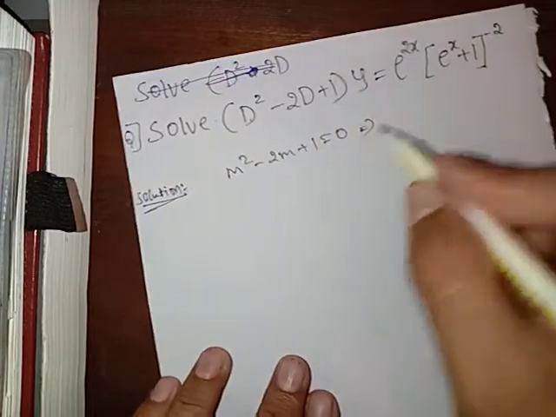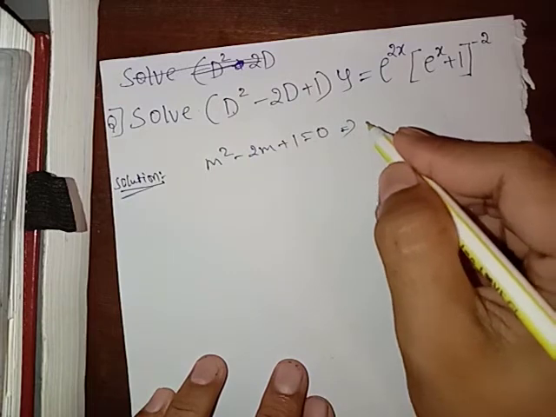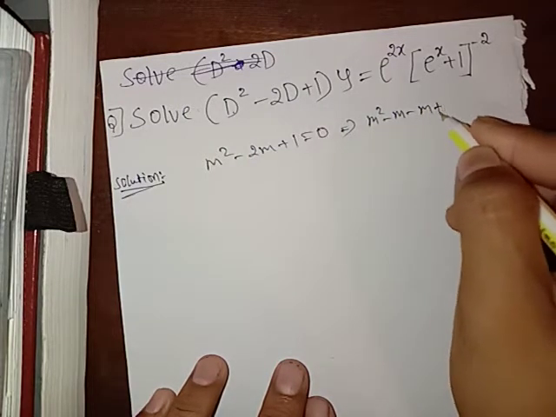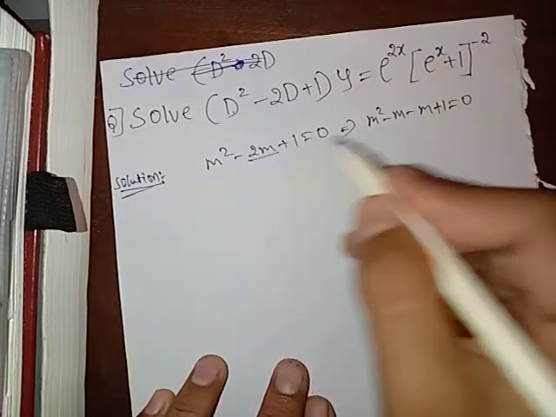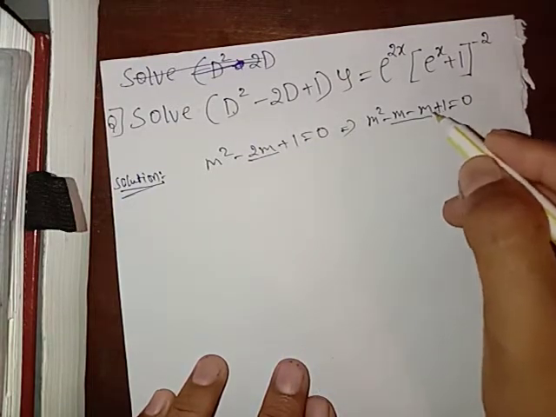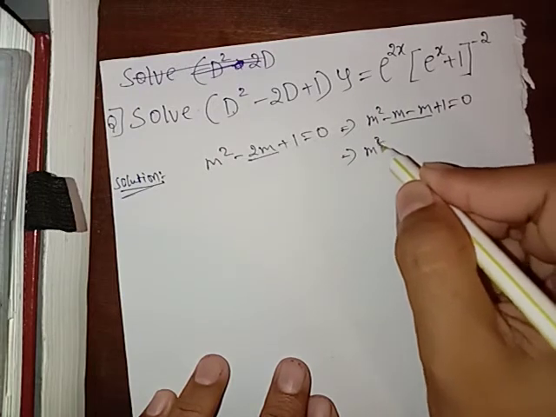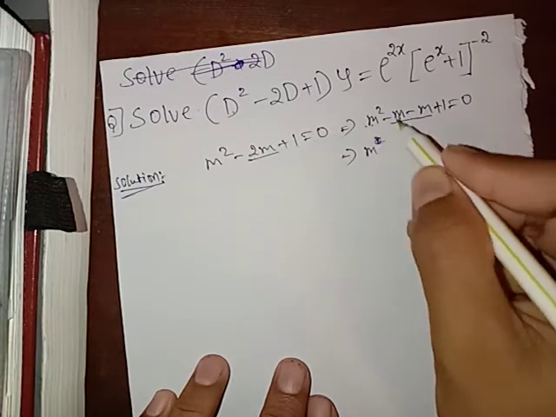What are its roots? We can write this equation as m² - m - m + 1 = 0, since -2m can be written as -m - m.